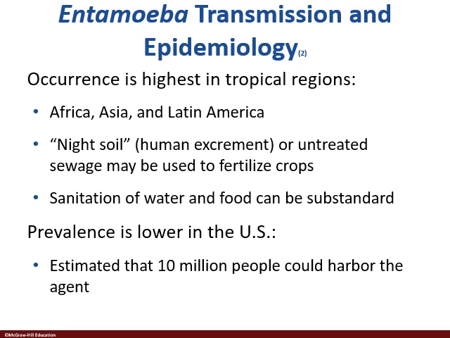Highest occurrence for Entamoeba histolytica will be in areas of Africa, Asia, and Latin America. Generally, you're going to find it highest in areas that use night soil, human feces, to fertilize crops or rice paddies.